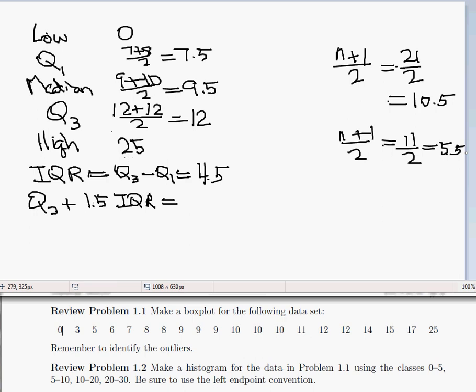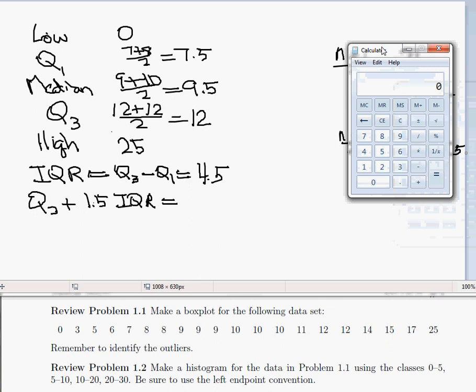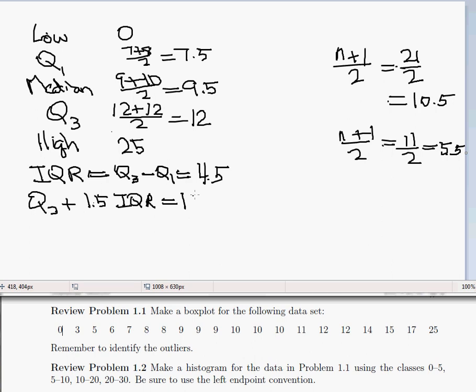So I need to take 1.5 times 4.5, and add that to Q3, which is 12. So 18.75 will be the cutoff for any possible outliers.